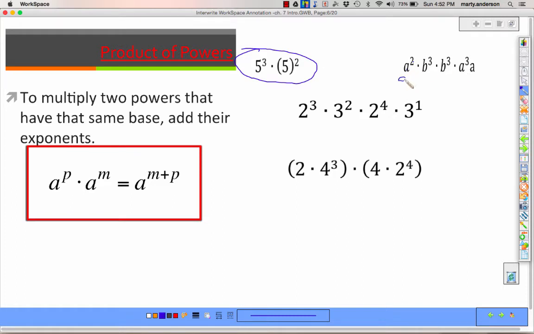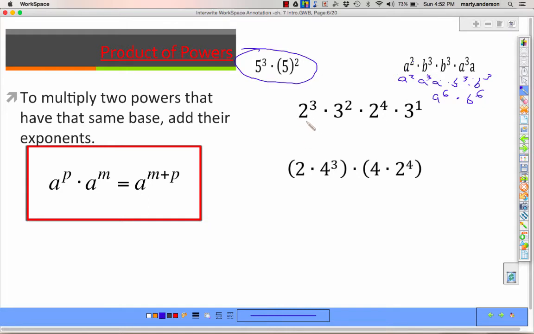So I could rewrite this as a squared, a cubed, b cubed, b cubed, and I have 2, 3, 4, 5, 6. There are 6 a's being multiplied together. So that would be a to the 6th, and I have 3 b's times 3 more b's, so I have b to the 6th. Because of repeated multiplication, when we multiply things with the same base, we add their exponents.